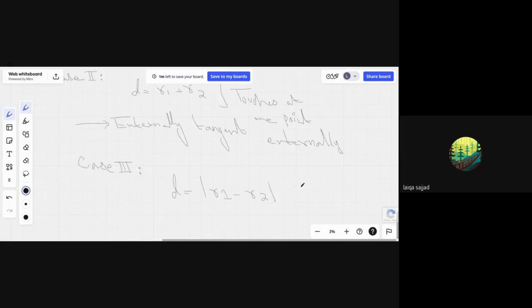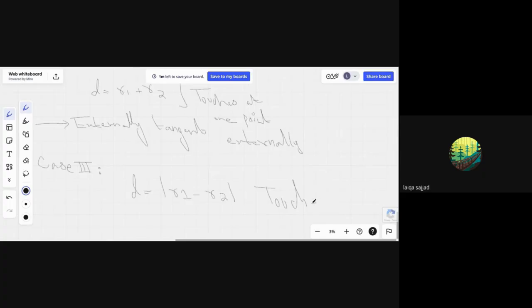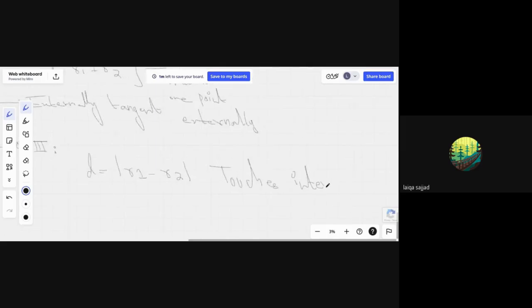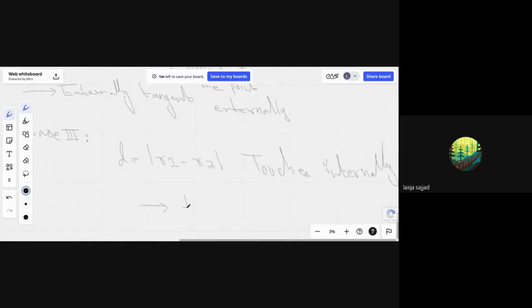So in this case they are touching internally and the circles are internally tangent.